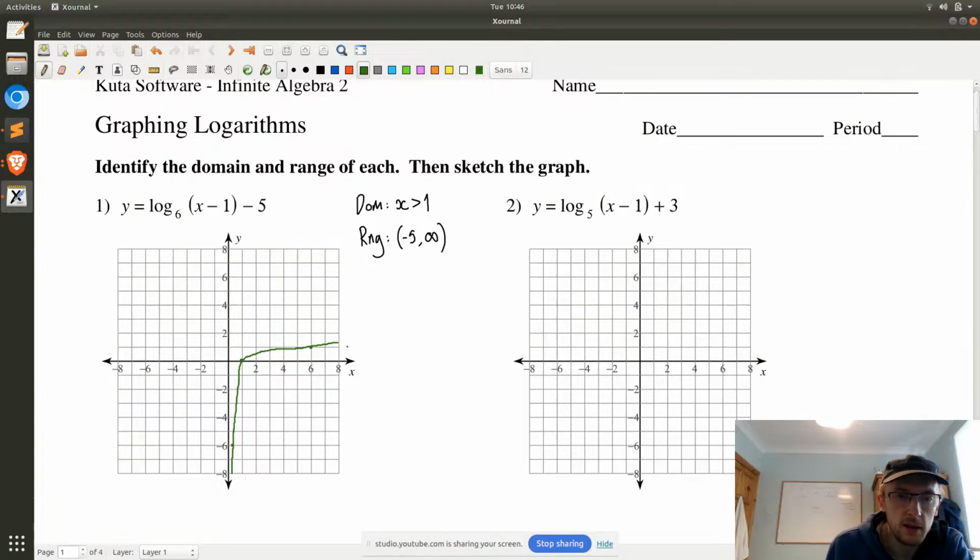That's log base 6 of whatever. And then log base 6 of x take 1.